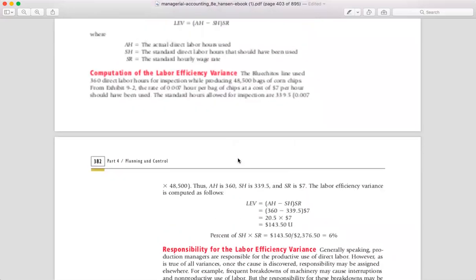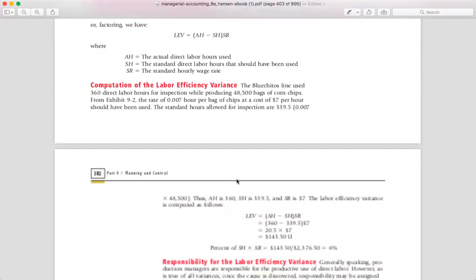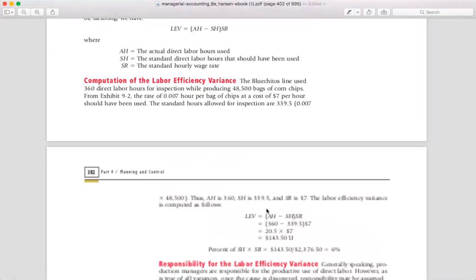So the standard is, how do we know that? The standard is 0.07 times the number of bags of corn chips produced. They produced 4,5. So what is the actual hour? The actual hour is 360. Right? The standard is 339.5, right, the standard from the value earlier. Then the standard rate.